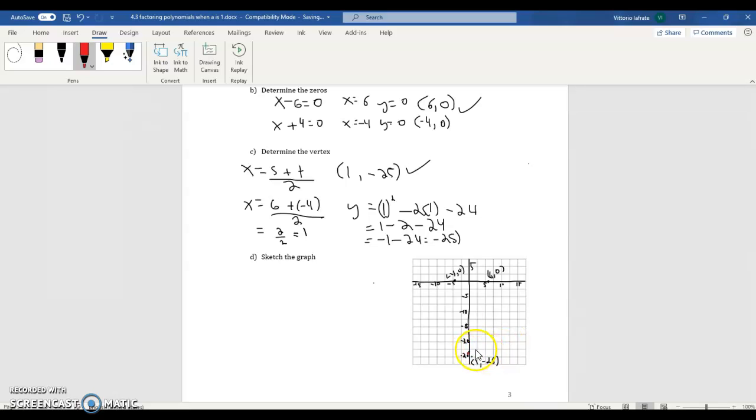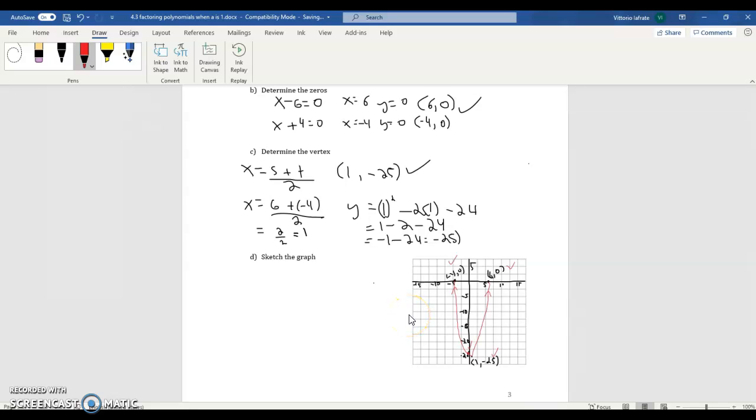Just a bit over here. And then we can connect those dots, like that. And there we've sketched the parabola using the vertex, the zeros, and the y-intercept from the equations that we determined from the different forms of our parabola.